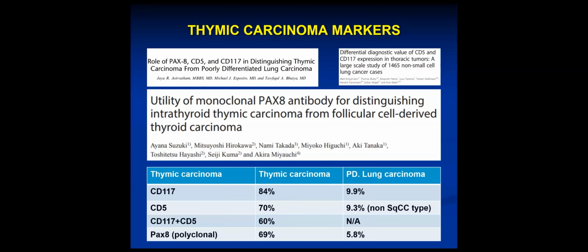Thymic carcinoma, accounting for about 20% of thymic epithelial neoplasms, primarily comprises squamous cell carcinoma, representing about 80% of cases. In this case, CD5 and CD117 are positive in about 80% of thymic squamous cell carcinoma, but they are rarely expressed in thymoma, and their expression is very low in lung cancer.